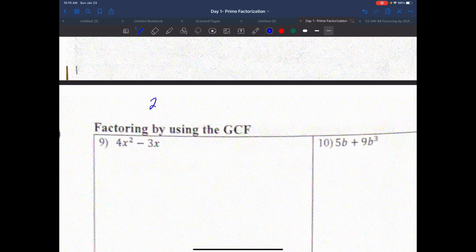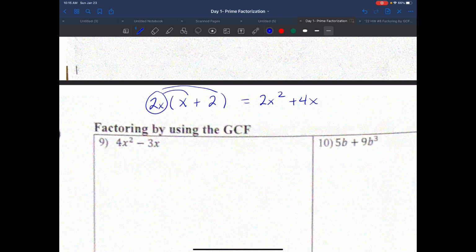For instance, we have 2x times, let's say, x plus 2. Then you distribute, and you will get 2x squared plus 4x, okay?